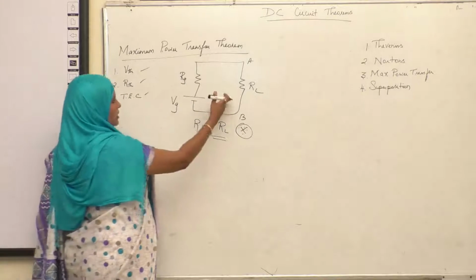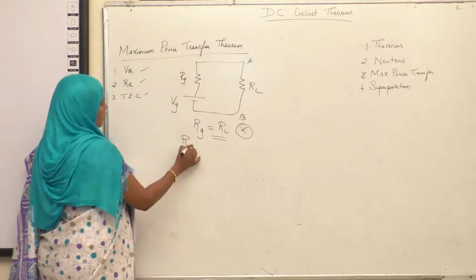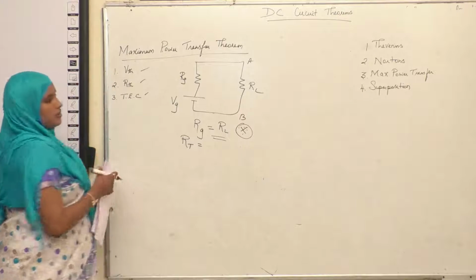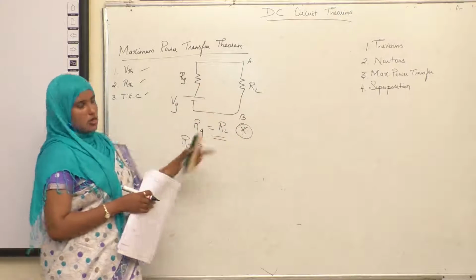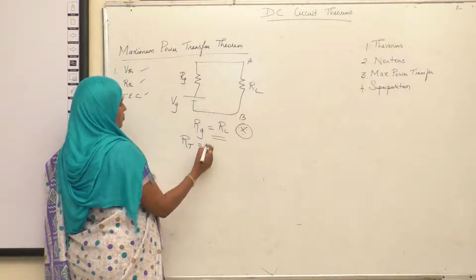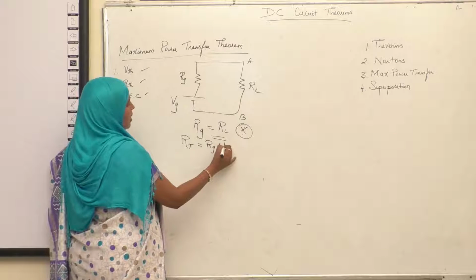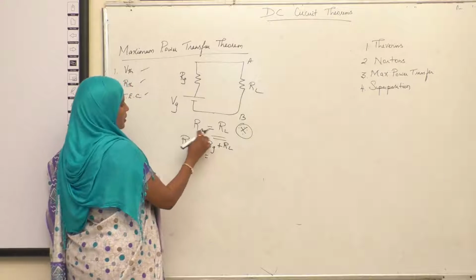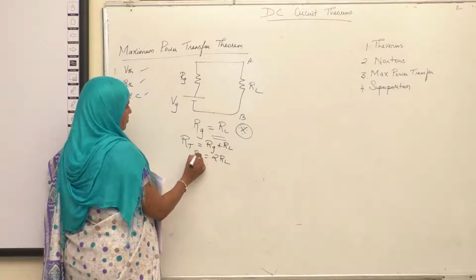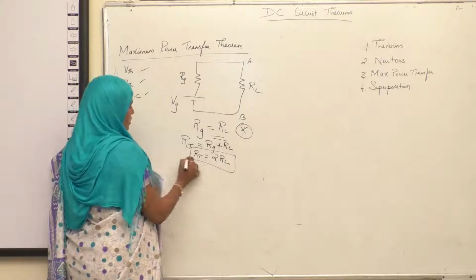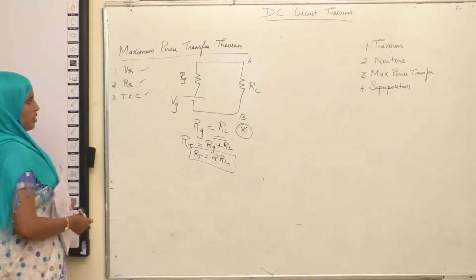So when Rg is equal to RL, what is your total resistance here? As you see, these two are connected in series. So you just add these two, Rg plus RL. Since Rg is equal to RL, you can write this as 2RL. This is your total resistance.